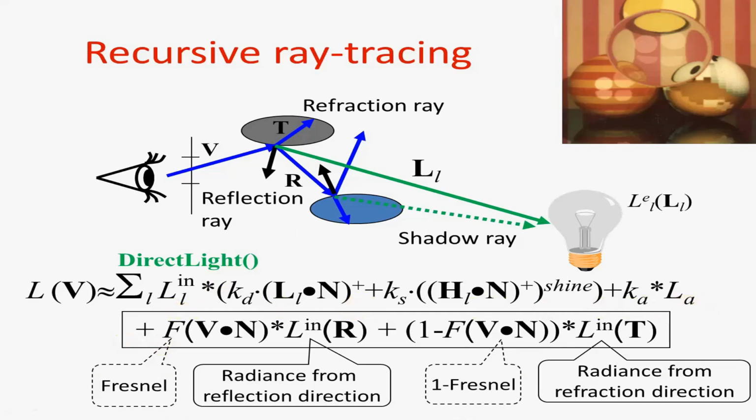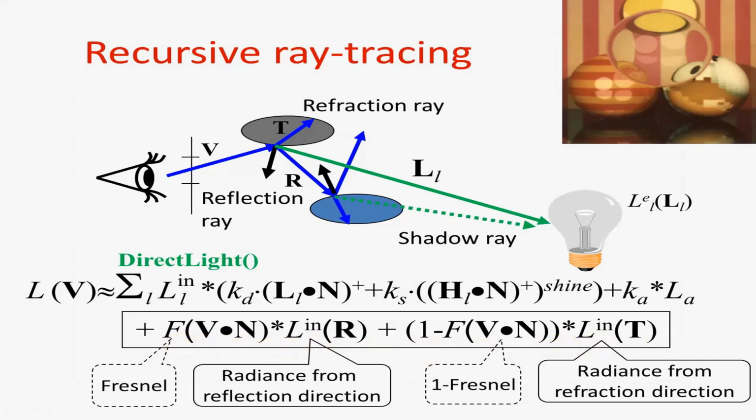However, for optically smooth surfaces, the reflection of the radiance from the eye reflection direction is computed. And for transparent objects, also the refraction of the radiance coming from the ideal refraction direction is computed. According to physics, the scaling factors are the Fresnel function or 1 minus the Fresnel function respectively.